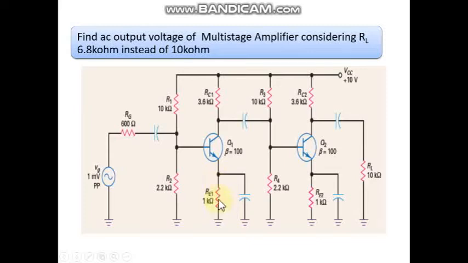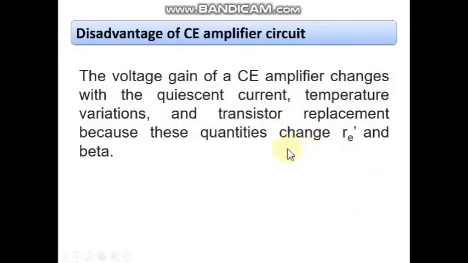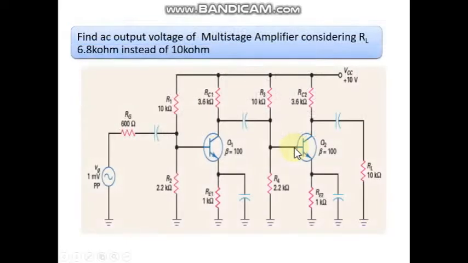For DC, this resistance is available and it is providing the negative feedback. This we have already learned: how the emitter resistor provides negative feedback, which will decrease the effect of change in beta, change in transistor and change in temperature, and it will make our Q point fixed.